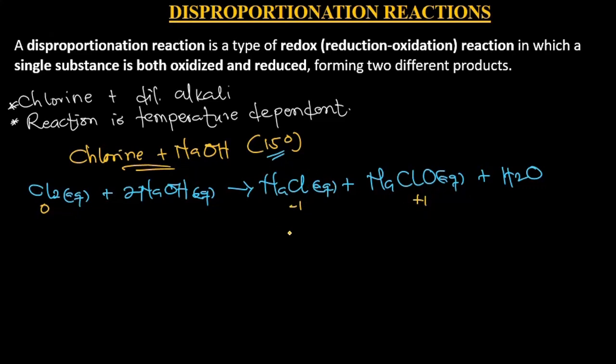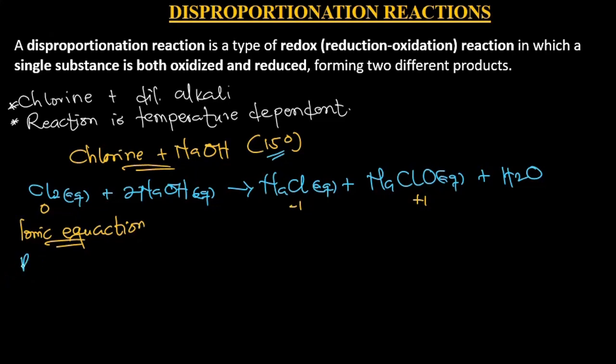Now, the fact that we are having chlorine moving from 0 to -1, that shows that it is a reduction process, and the same chlorine is having an oxidation state of +1 in the sodium chlorate. That is an oxidation. So we have two things if we are to write the ionic equation.